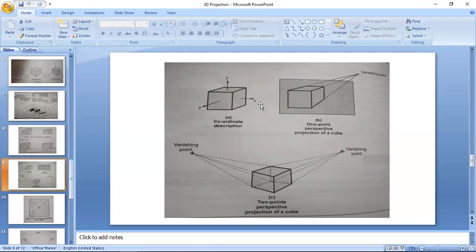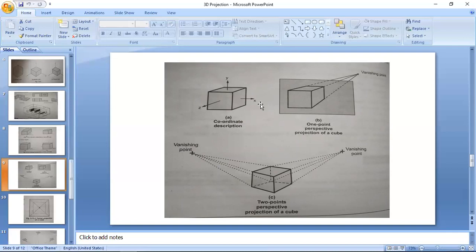Vanishing points means the points at which all the projection lines will get converged, or the points from where we can see the surfaces. It is from one of the principal axes, or two of the principal axes, or all of the three principal axes. So that makes the 1 point perspective, 2 point perspective, and 3 point perspective respectively.